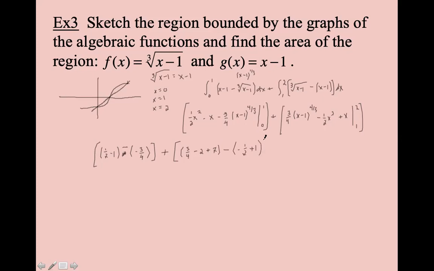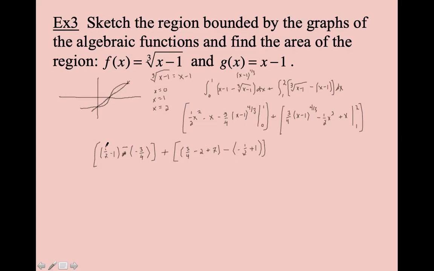All right. Double check my math here, make sure that's what I got. 1/2 minus 1 is 0. And then here we have a -3/4, right? This one we have 3/4 minus 2 plus 2 and -1/2 plus 1. Okay, so let's simplify.